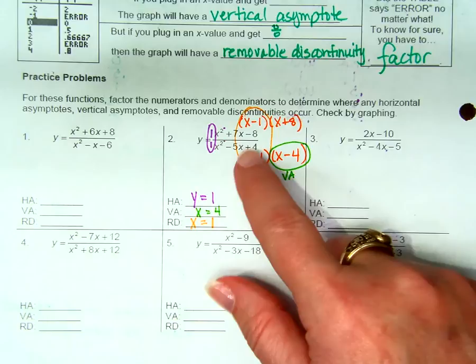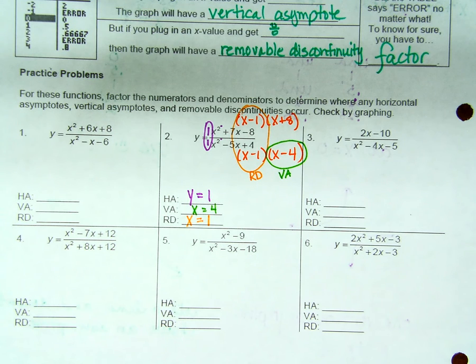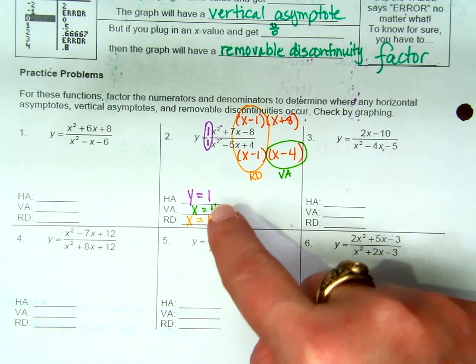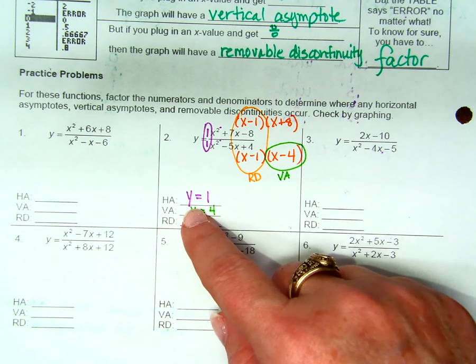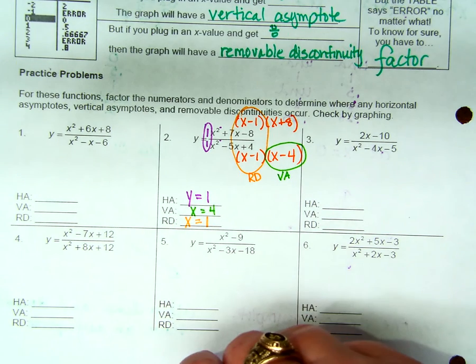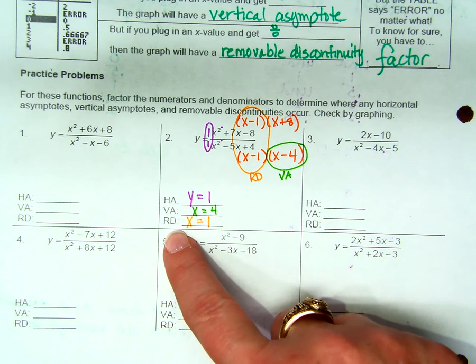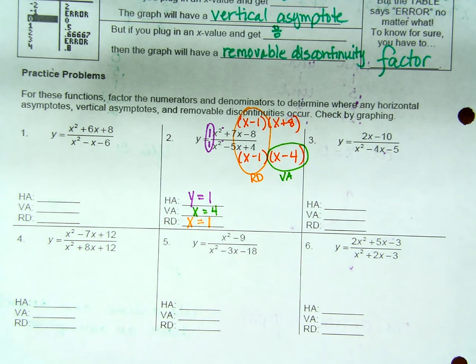Will there ever not be a denominator if we're talking about rational functions? No. So if we're talking about horizontal asymptotes, we're allowed to not have one. If we're talking about vertical asymptotes, we'll always have one when we're talking about rational functions. But we might not have any removable discontinuities.